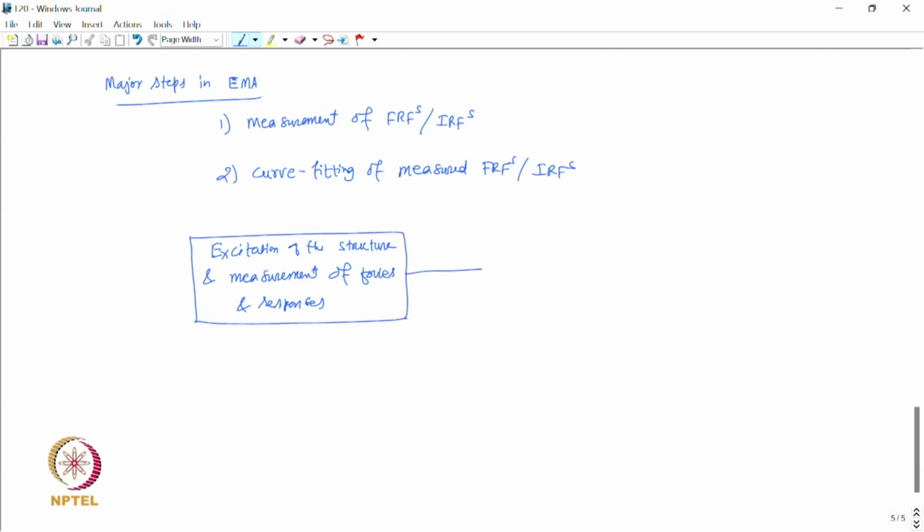This basically gives us the FRFs and IRFs. And the next step is curve fitting.